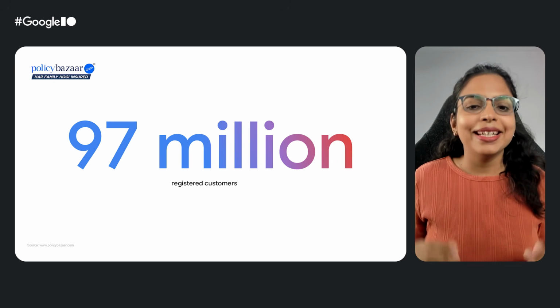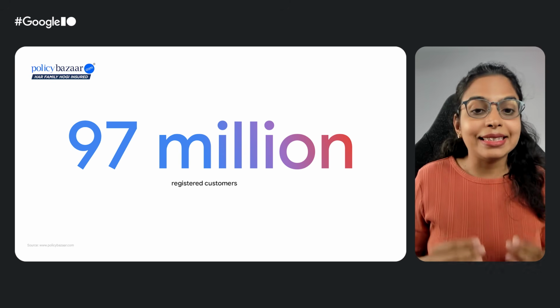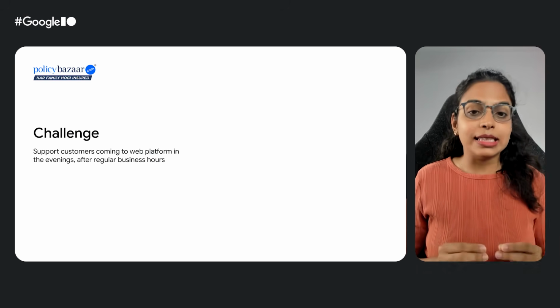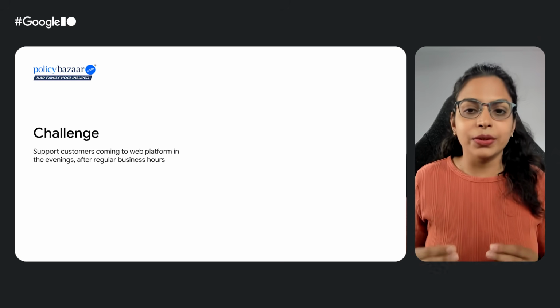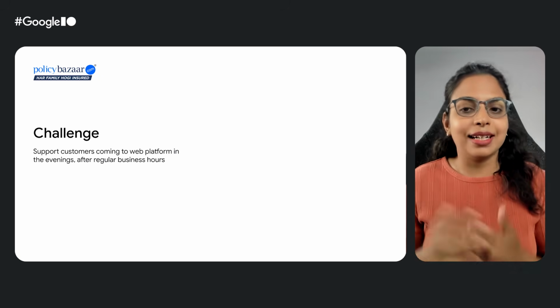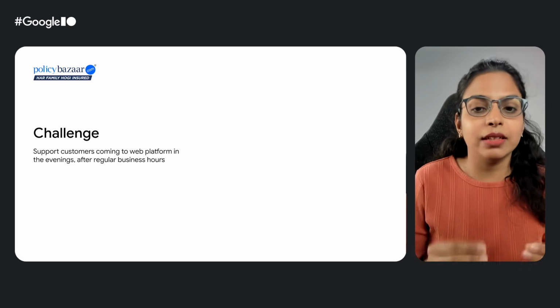Policy Bazaar is one of the leading insurance platforms in India, with 97 million registered customers. They noticed that a significant number of users were coming onto their platform in the evenings, after the customer support team's working hours, and wanted to provide better service to those users.